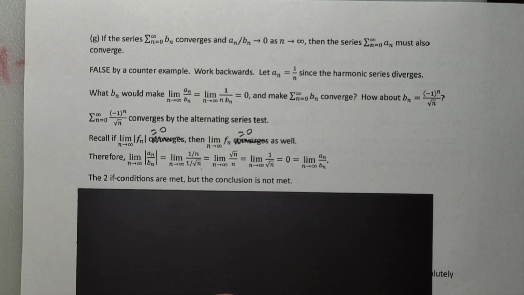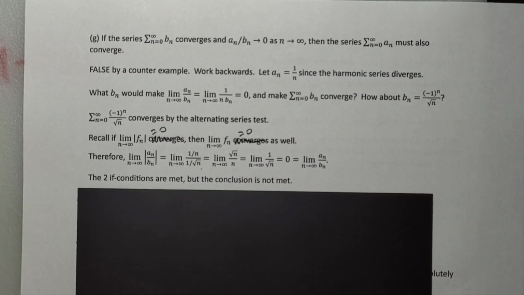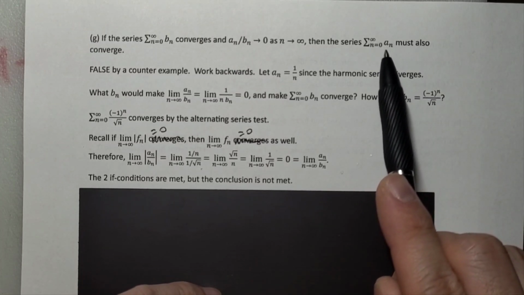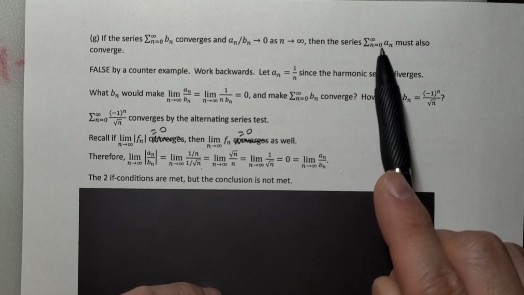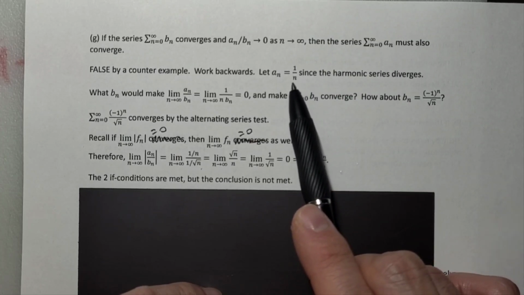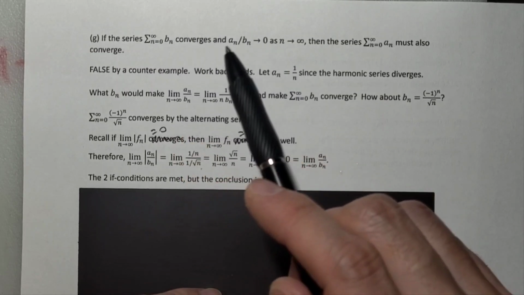To recap one more time, let's assume that this is false first, and let's try to find a counterexample. What is a series that we know diverges? The harmonic series. So let's let an be 1 over n. Okay, then we have to make these two true still. We have to find a bn that makes these two true.